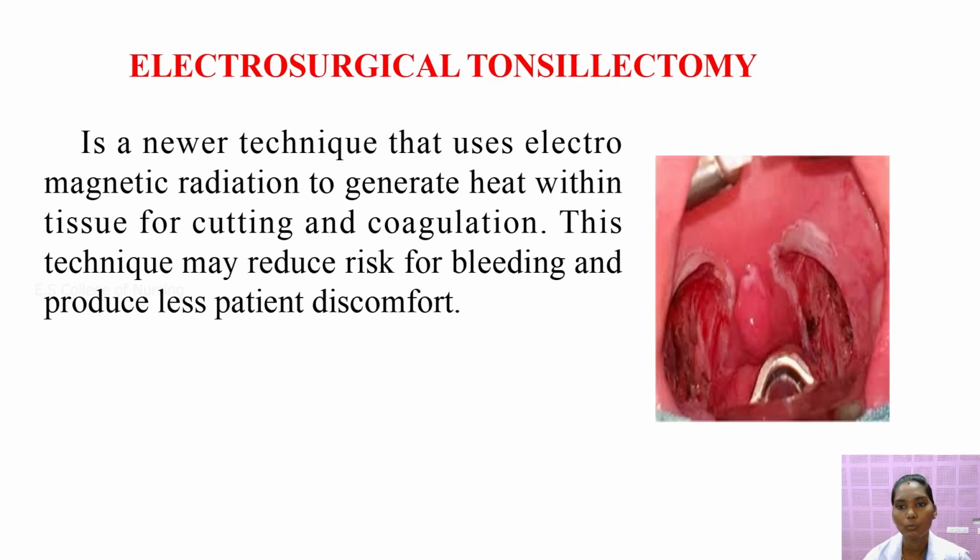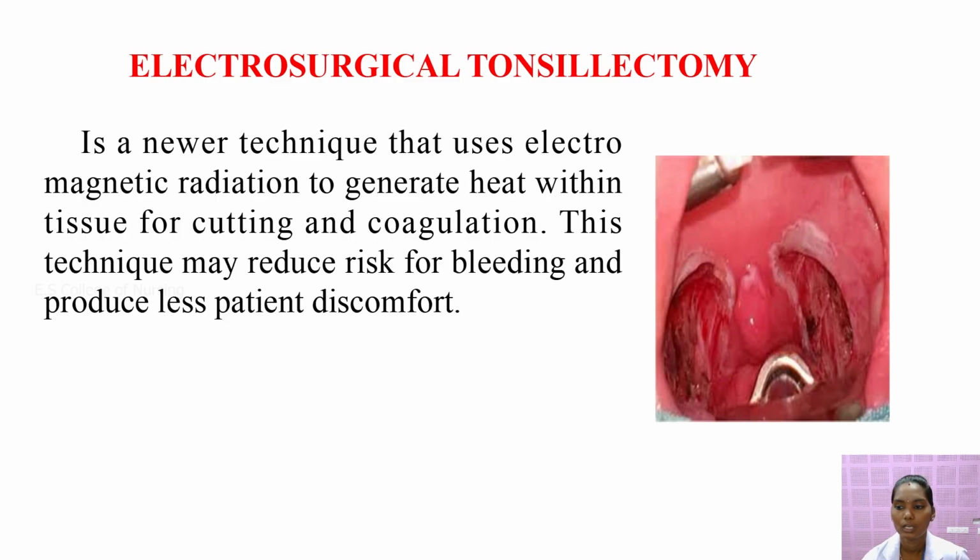One more surgical management is the electrosurgical tonsillectomy. Electrosurgical tonsillectomy is one of the newer techniques for removal of the infected tonsil. In this surgical method, electromagnetic radiation is generated to heat the tissues for cutting and coagulation. A small amount of electromagnetic radiation is passed through the affected tonsil.